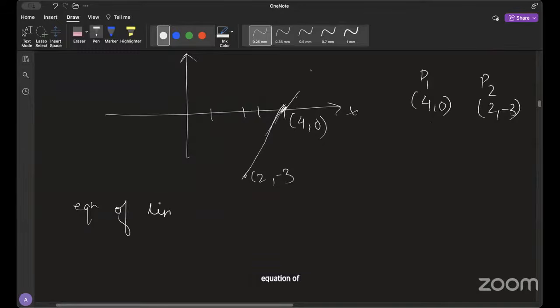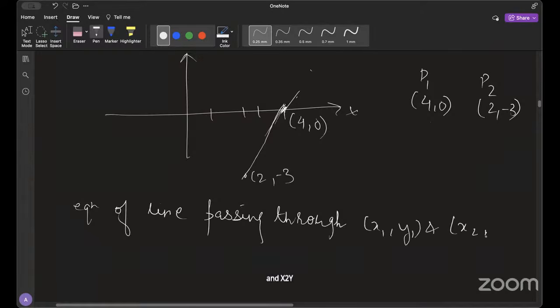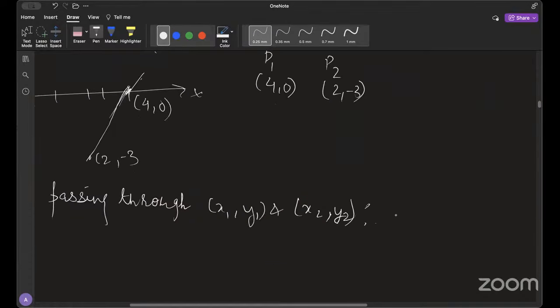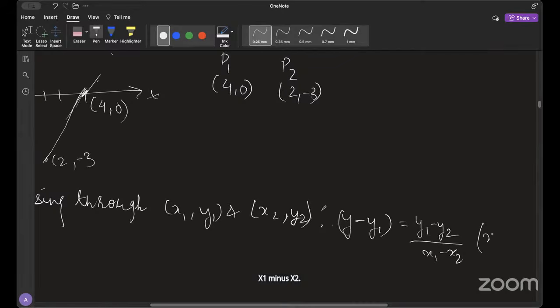The equation of a line passing through (x1, y1) and (x2, y2) is given by, first we should take y, right? y minus y1 equals (y1 minus y2) by (x1 minus x2) into (x minus x1).